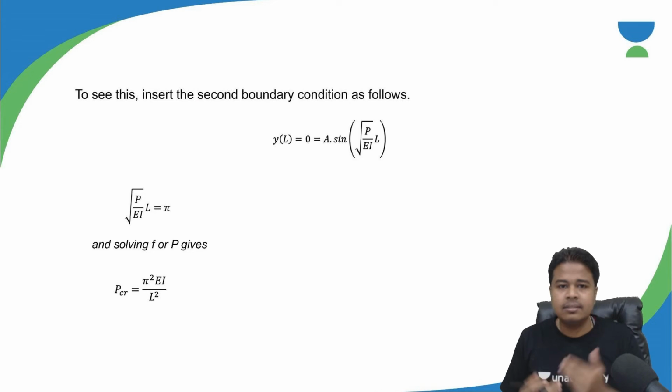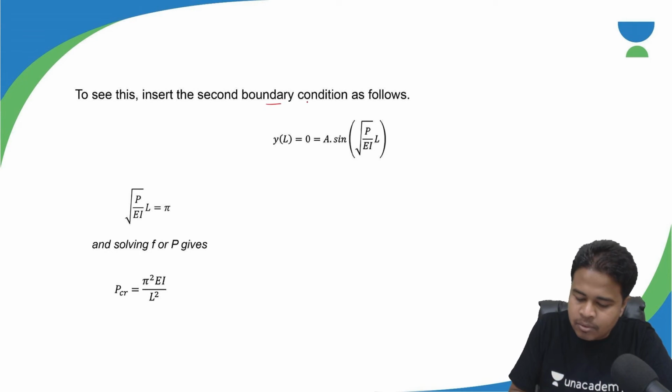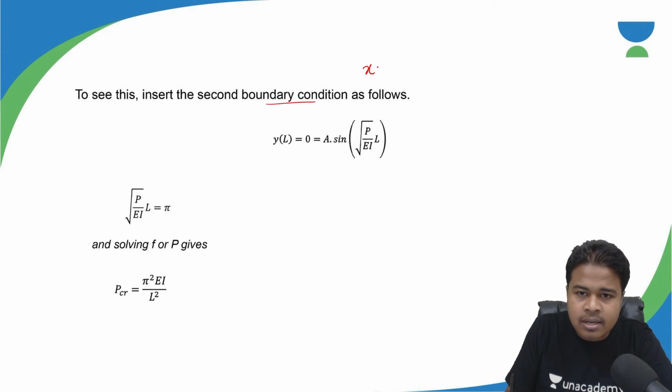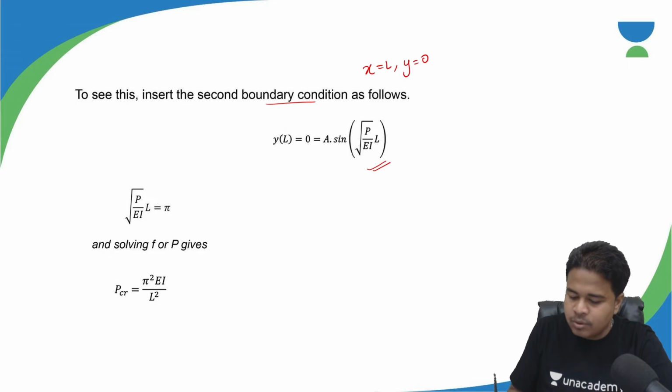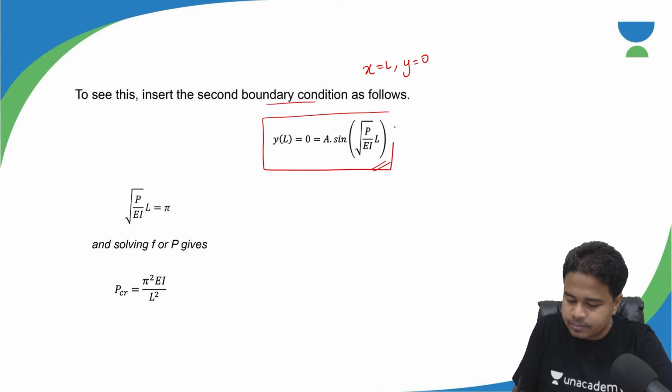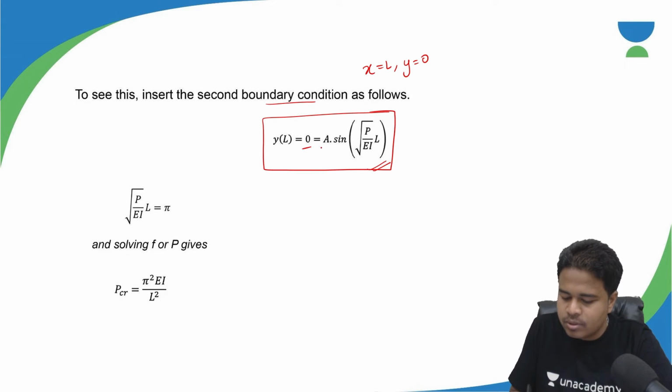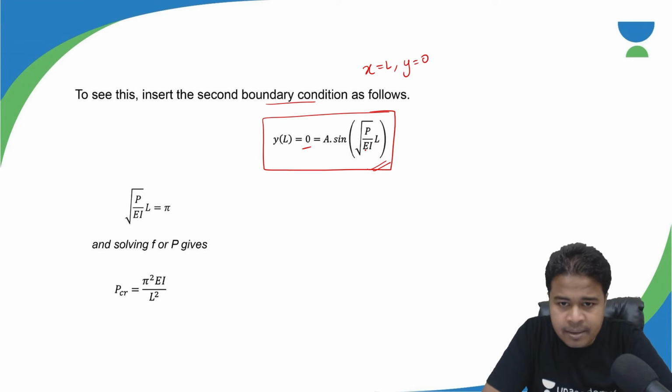Then the second boundary condition: for x equals L, y equals 0. So put the value, and you will get this.